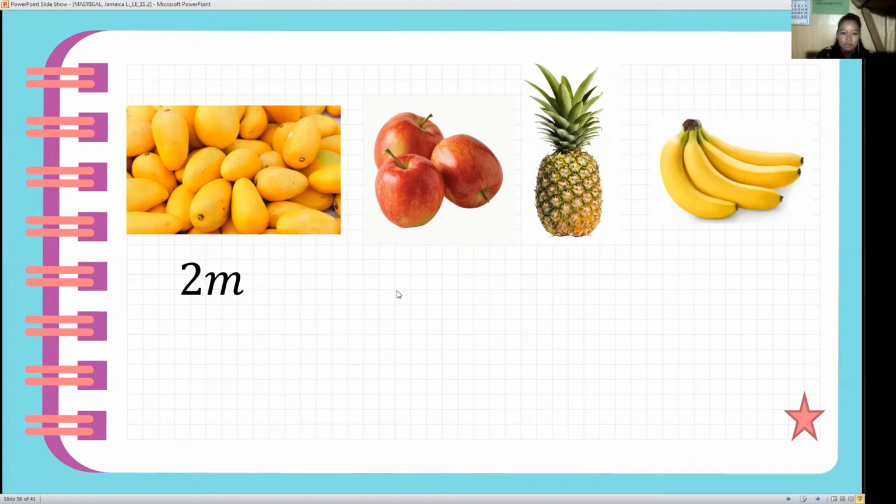Next, we can label apple as A. So we have 3 pieces of apple, so 3A. Then we denote P as pineapple. So we have here P. Then for bananas, we will use D. So looking at this, we constructed a simple polynomial unconsciously.